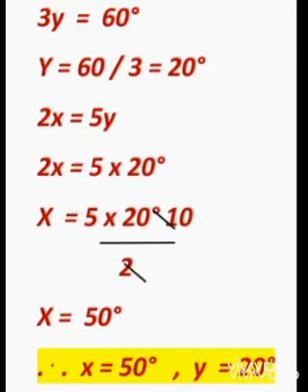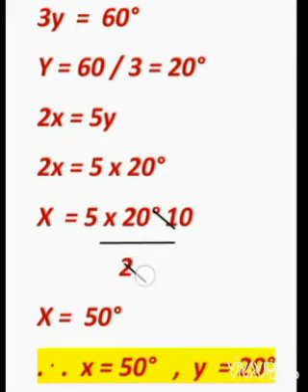What is equation 2? 2x is equal to 5y. So 2x is equal to 5 into, in place of y we can write 20. So 2x is equal to 5 into 20. Now we have to find the value of x. Let us transpose 2 to the other side. Then x is equal to 5 into 20 by 2.